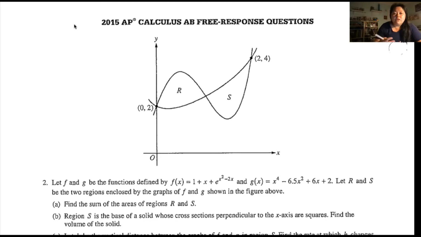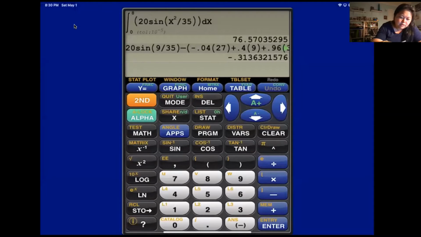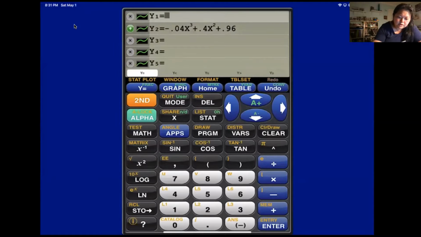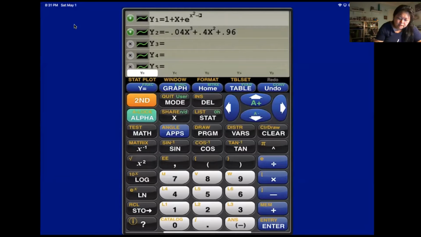Again, you have a calculator, so you can definitely graph this out and see which one is which. So let's use our calculator. Going back to my functions, I'll need it anyway. Clear. All right, first equation, f of x is 1 plus x plus e to the x squared minus 2x.